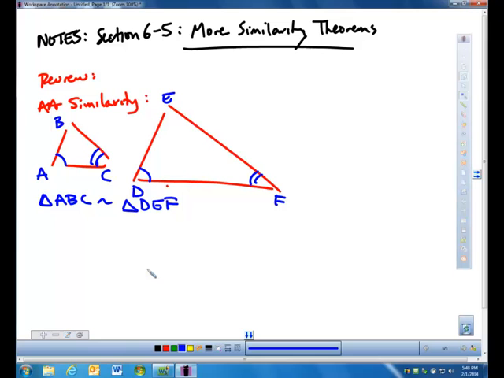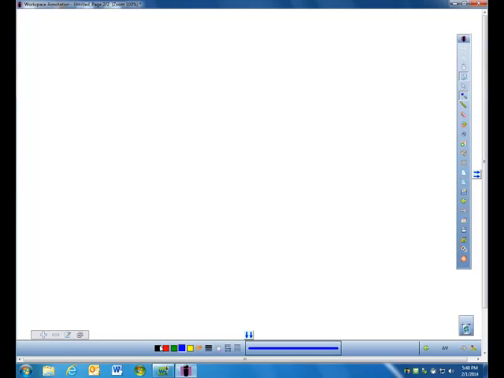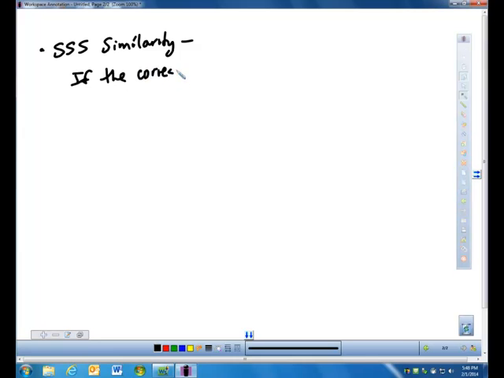I think this is a really easy way to prove triangles similar if you know information about the angles. So here are the other 2 ways to prove two triangles are similar. The first one is called side-side-side similarity. You'll have to bear with me here as my whiteboard isn't cooperating especially well right now.